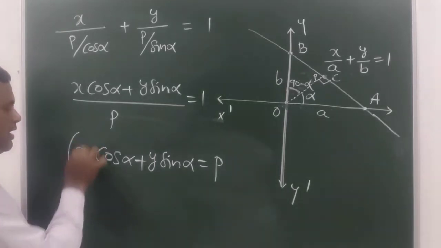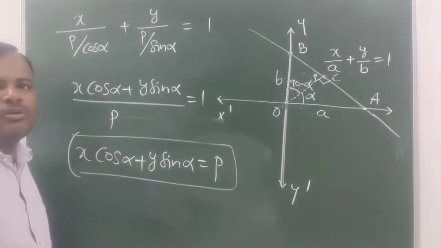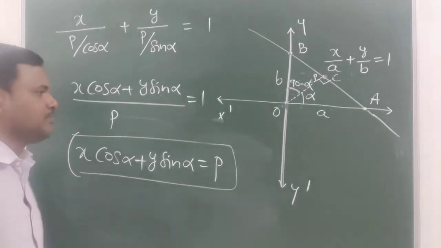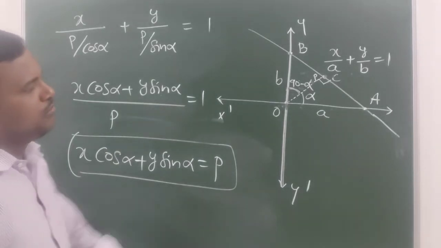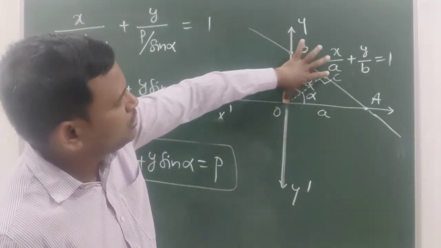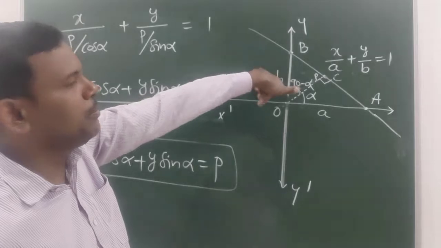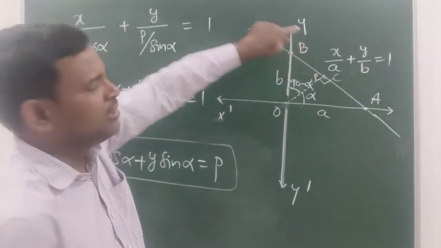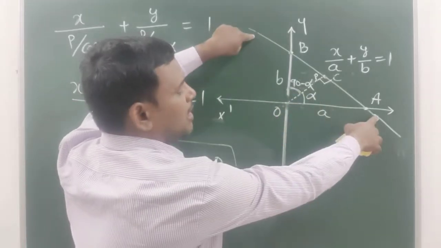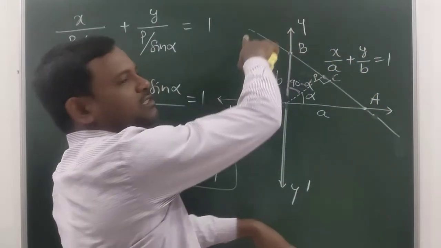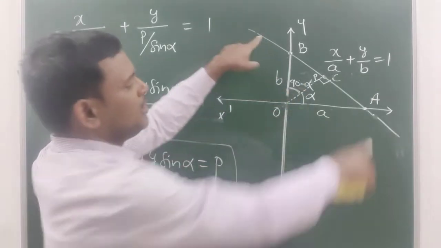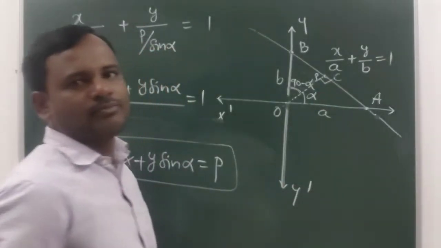Now let us go to one application based on this normal form of the straight line. You can rotate this OC like this. If you keep on rotating this OC, the line will rotate like this. If alpha is 90 degrees, you get the horizontal line.